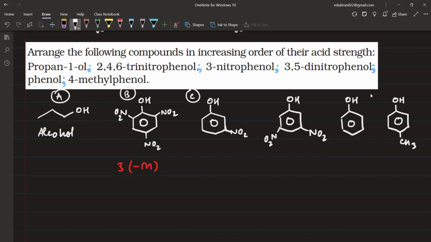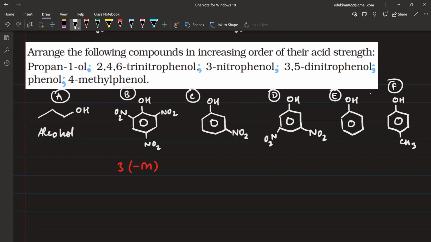In the C structure, is the NO2 in the ortho position, meta position, or para position? Please see once again. Meta position. Yeah, correct.